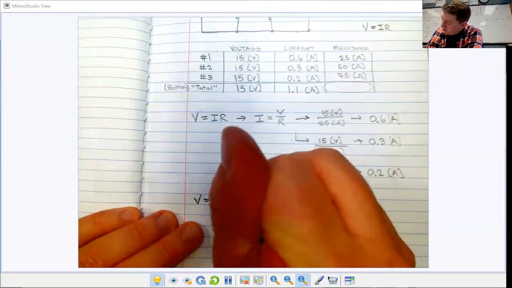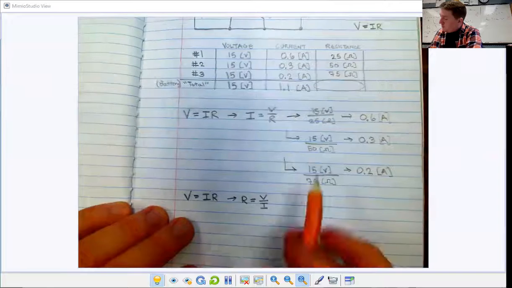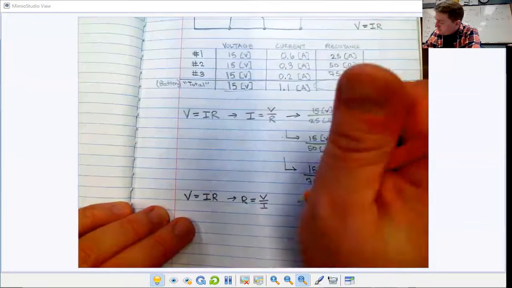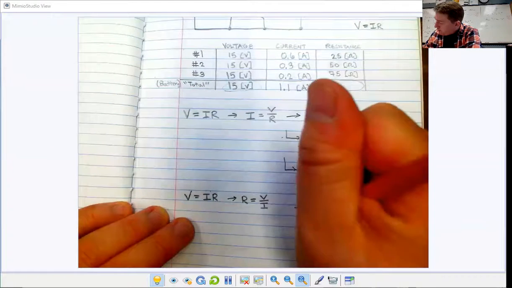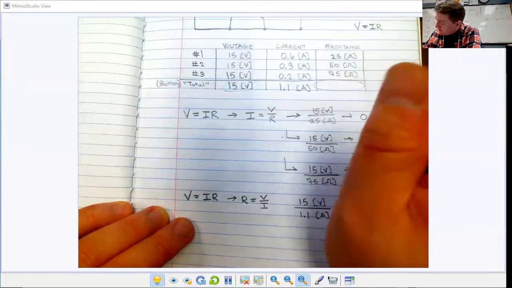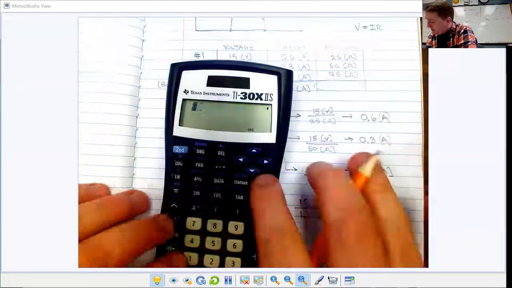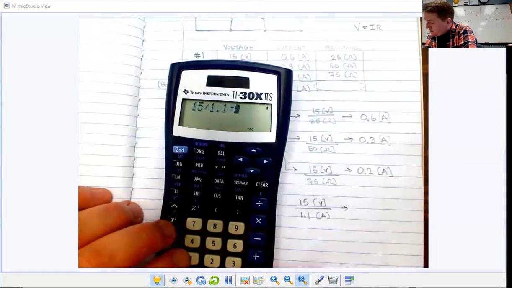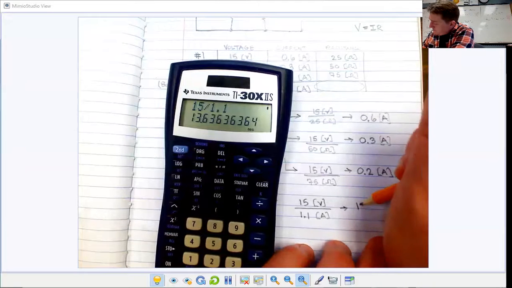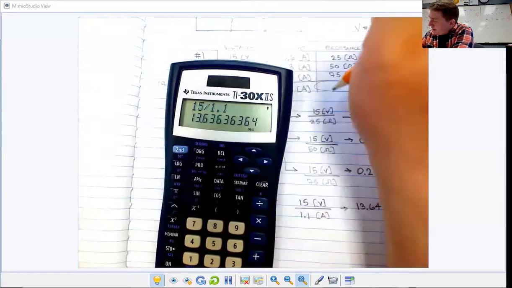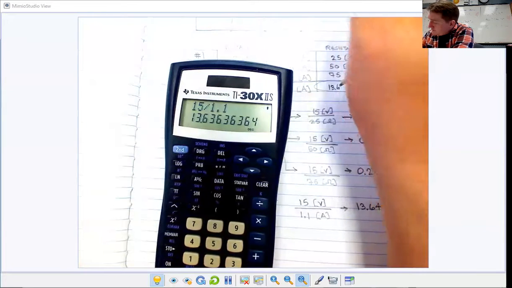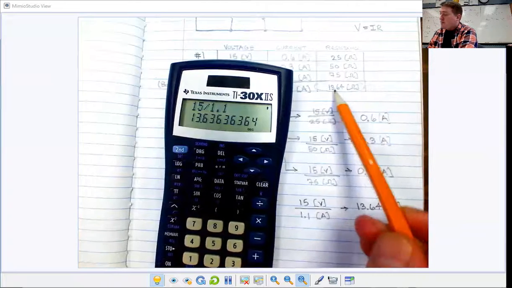Resistance is V over I. Well, if the battery is 15 volts and it had to provide 1.1 amps of current, that is going to give us 13.64 ohms. Now, this might come as a shock to you that the total resistance is a number smaller than 25.